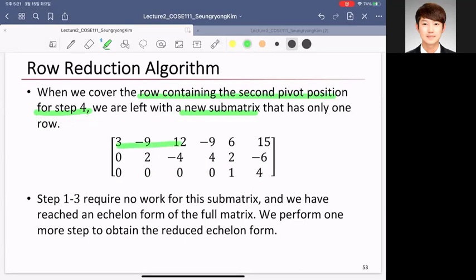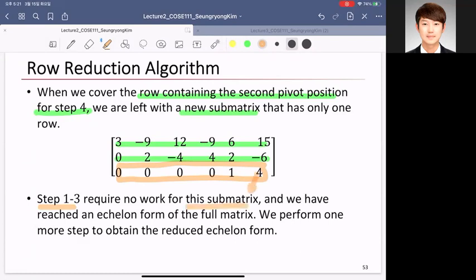So this is the first row, this is the second row. So this is our new sub-matrix. We can apply steps 1, 2, 3 again here, but in this case, steps 1 through 3 require no work for this sub-matrix.